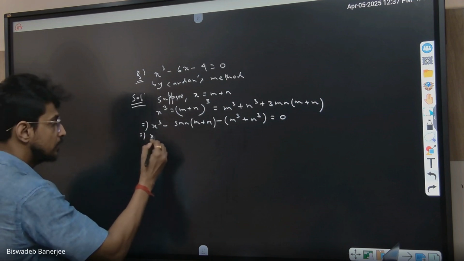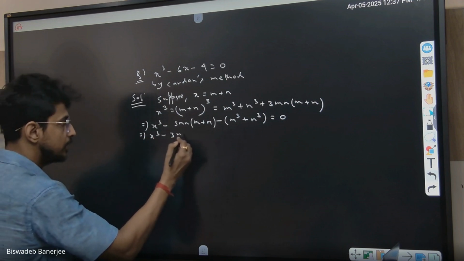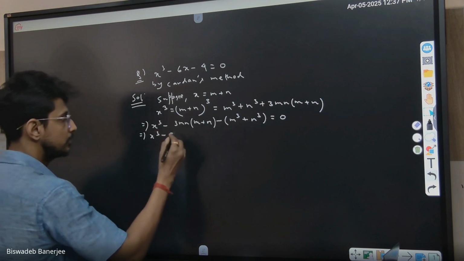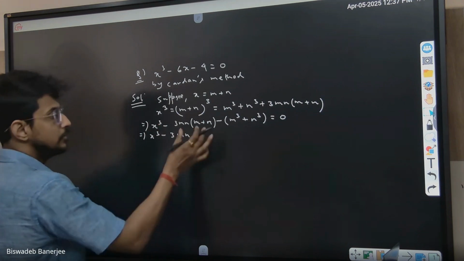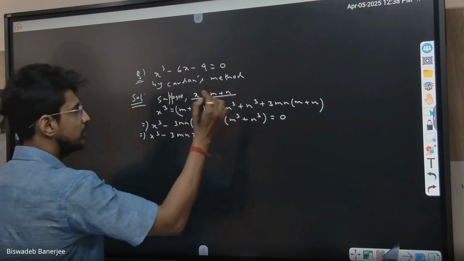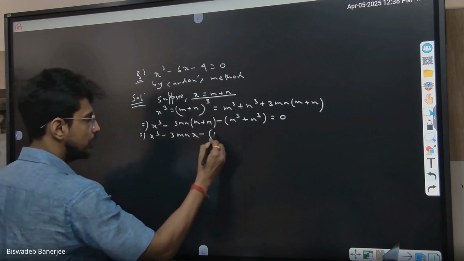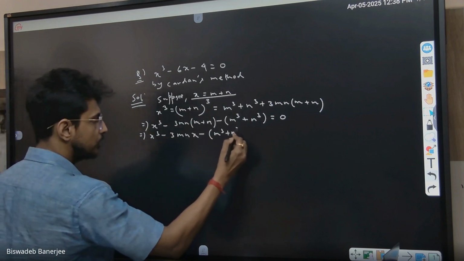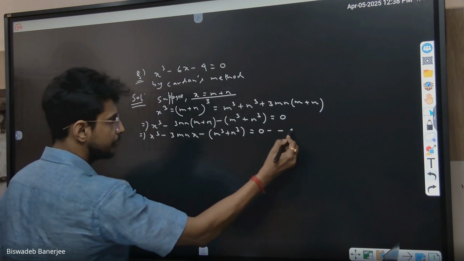Then see that x cube minus 3mn. Now what is m plus n? m plus n is x. See that my m plus n is x, and m cube plus n cube remains as it is.